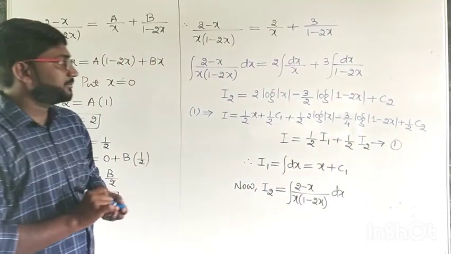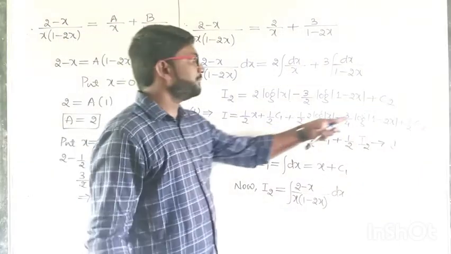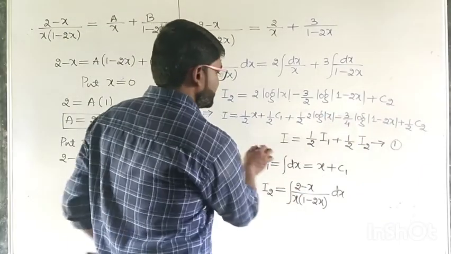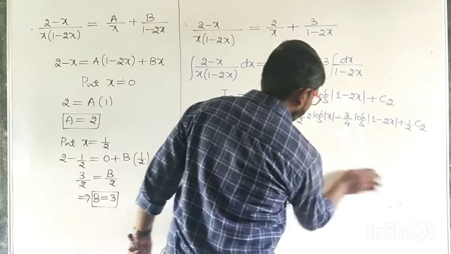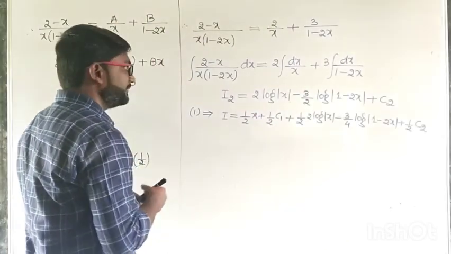In the next step we have to replace 1 by 2 C1 plus 1 by 2 C2 with C. So I erase this now. Let us write the final step now.